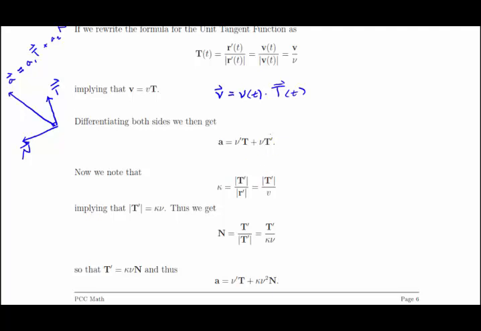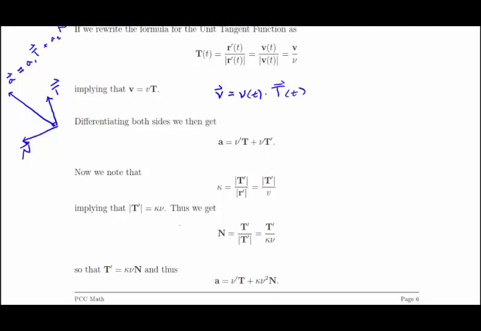And then we're going to do some substitutions here. We look at the definition of curvature, which is the magnitude of t prime over the magnitude of r prime, which equals the magnitude of t prime over little v. And so we can say the magnitude of t prime equals the curvature times little v.